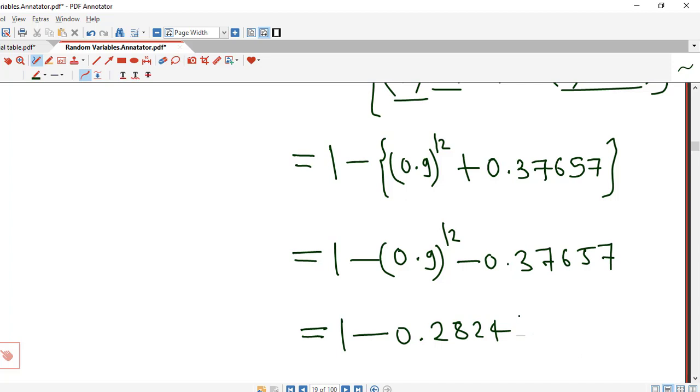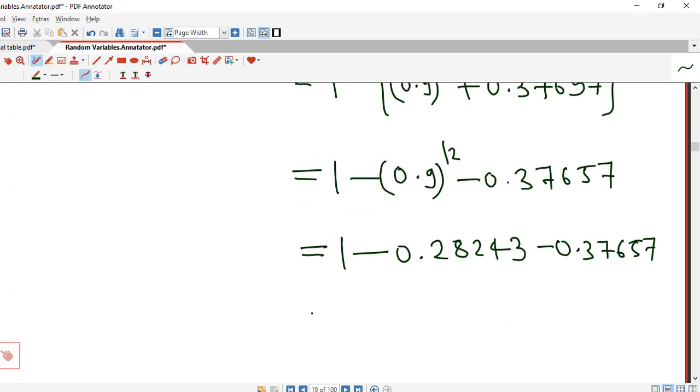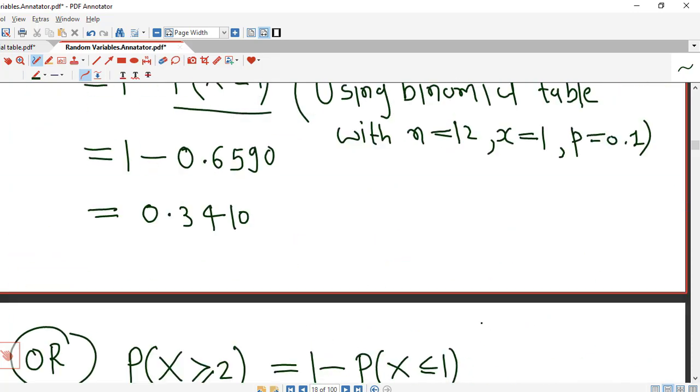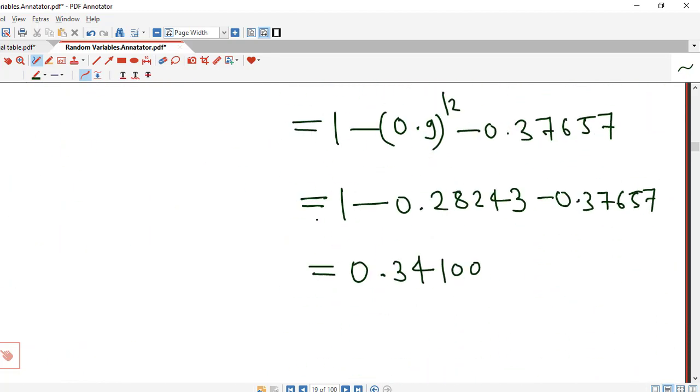Then 1 minus 0.28243 minus 0.37657, if I subtract these quantities, I obtain 0.34100. Okay, so that is also the same as this. Up to 4 decimal places it is the same.